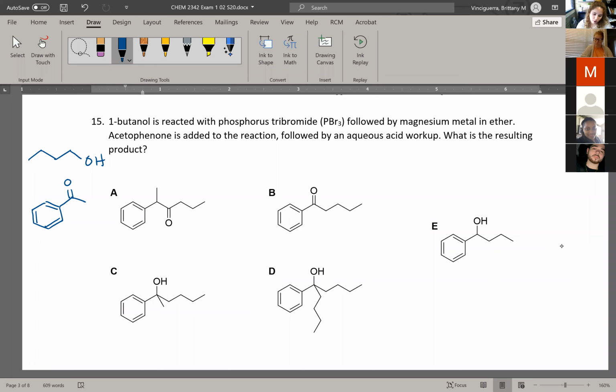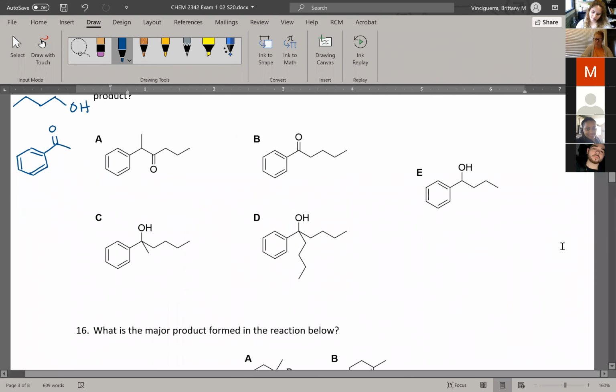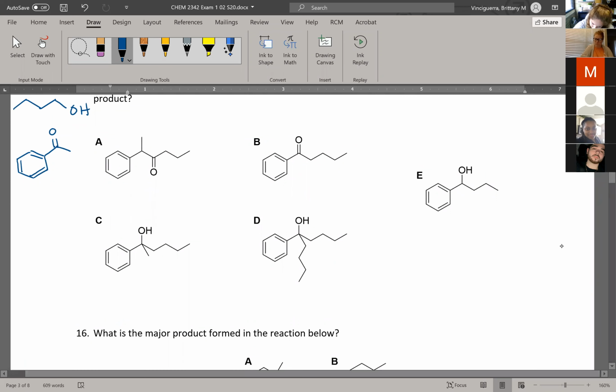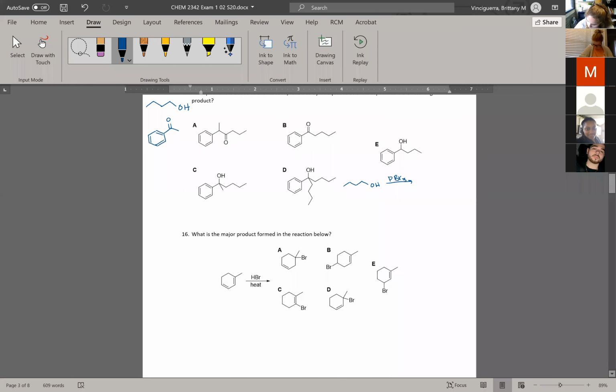When 1-butanol is reacted with phosphorus tribromide, what do you make? What would be the name of the compound that you would make? 1-bromobutane.